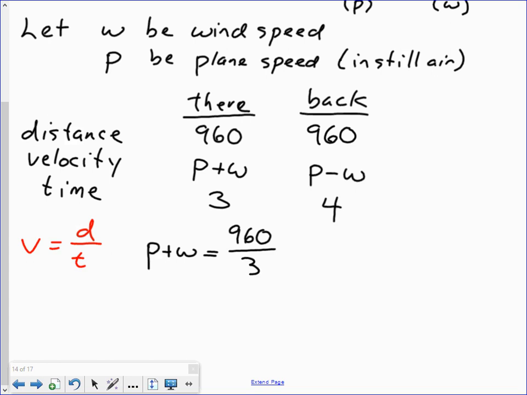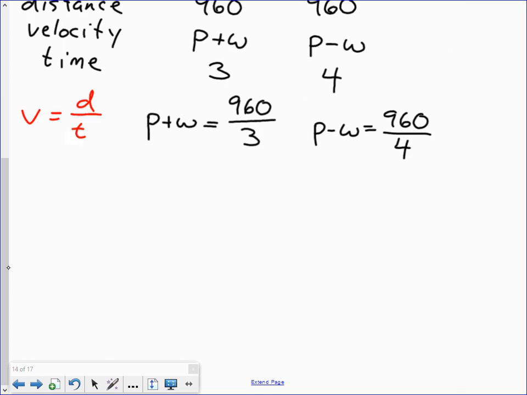Our time is 3. Okay. On the way back, our velocity is P minus W. Our distance is 960. And our time is 4. These are the two equations that we're going to try to solve.